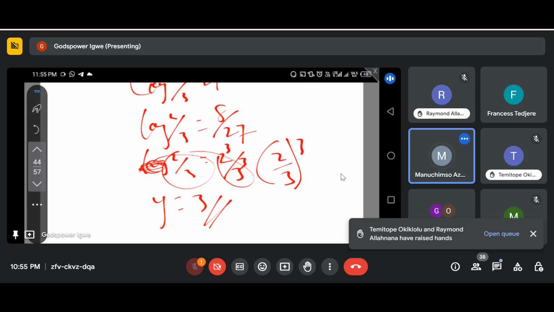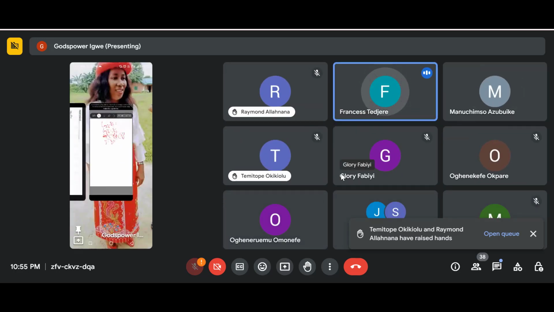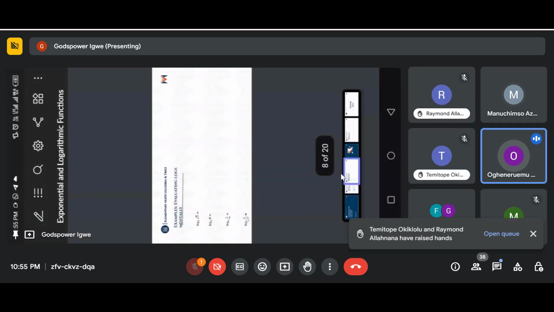All this manipulation, I know. This thing is like you saying, what will you multiply with 2, how many times will you multiply 2 to give you 8? How many times will you multiply 3 to give you 27?